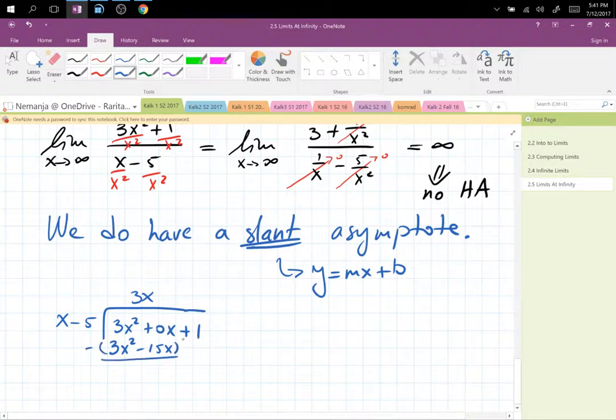And when we subtract, we get 15x plus 1. x goes into 15x 15 times. You don't have to go further and calculate any kind of remainders, because you already have your mx plus b on the top. So slant asymptote at y equals 3x plus 15.